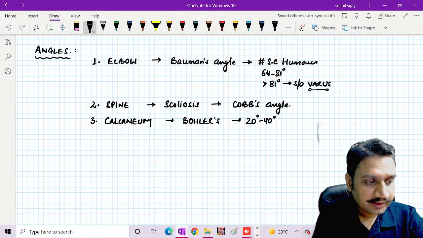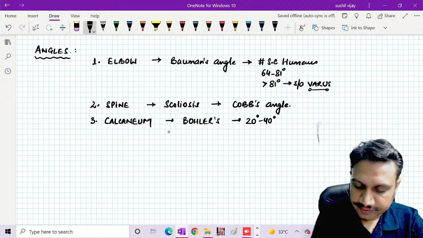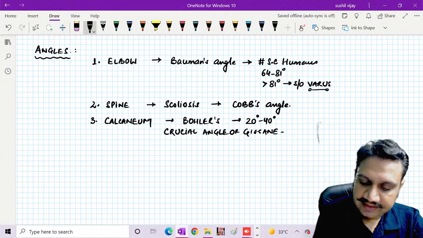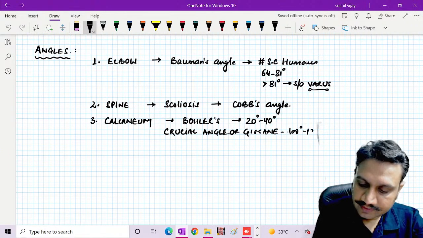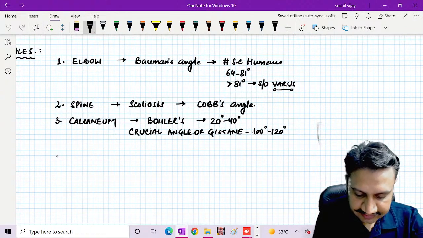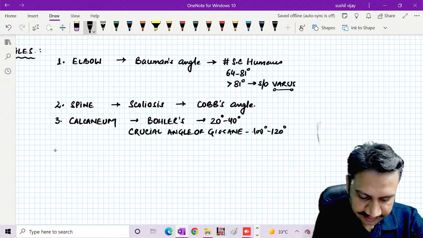And the other one is what you call the crucial angle of Gissane. How much was Gissane's angle? Gissane is 100 to 120 degrees.